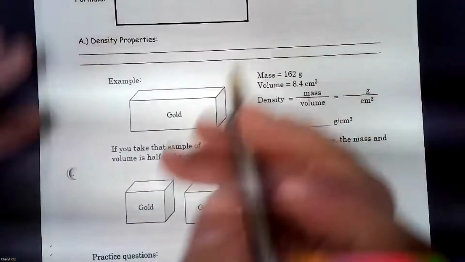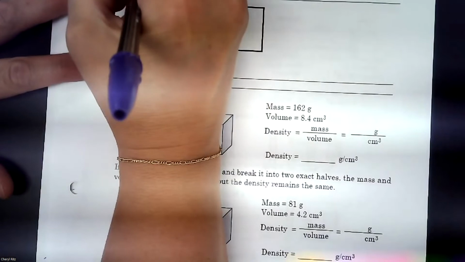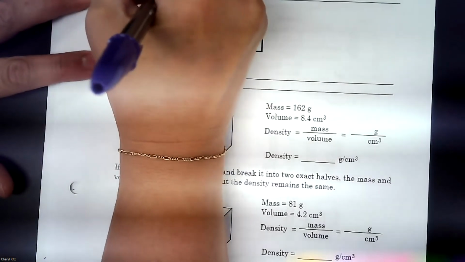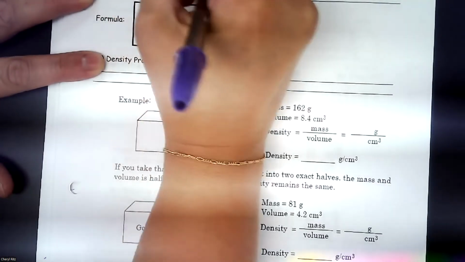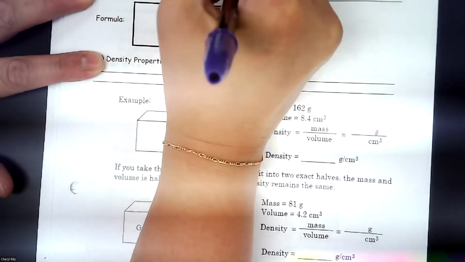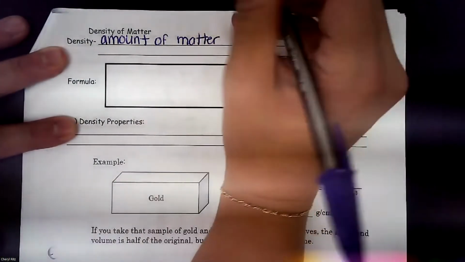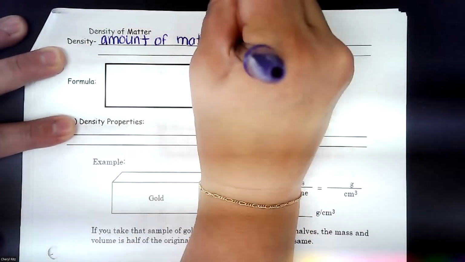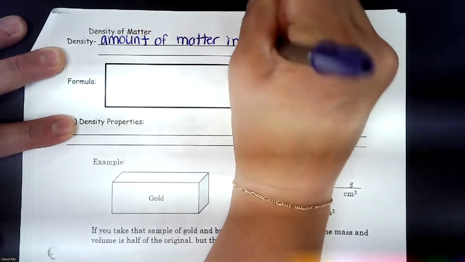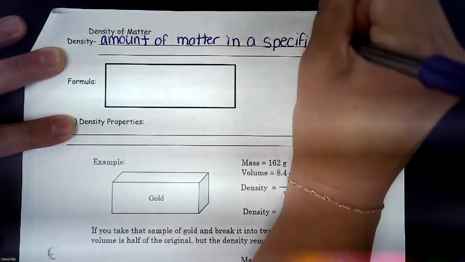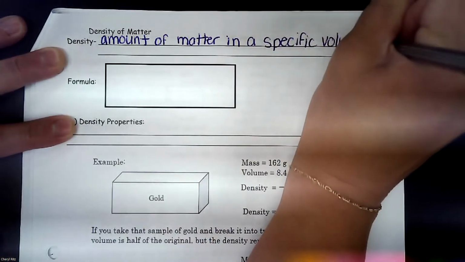I'll put this down here so you can see a little better. The fancy definition is the amount of matter in a specific volume.